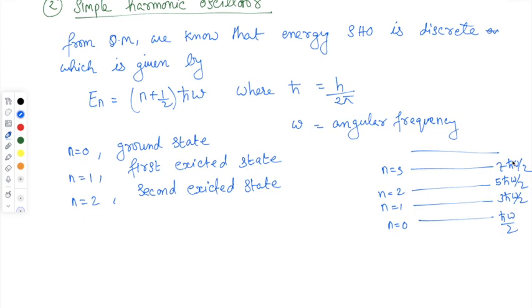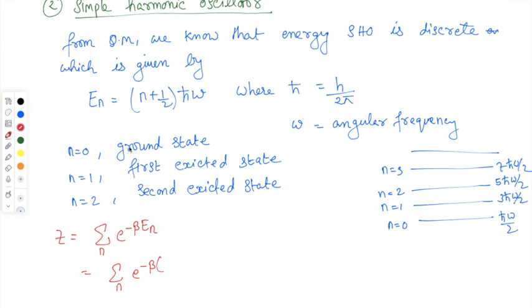Now, for the simple harmonic oscillator, we can write down the partition function Z as the summation over n of e to the power minus beta E n.